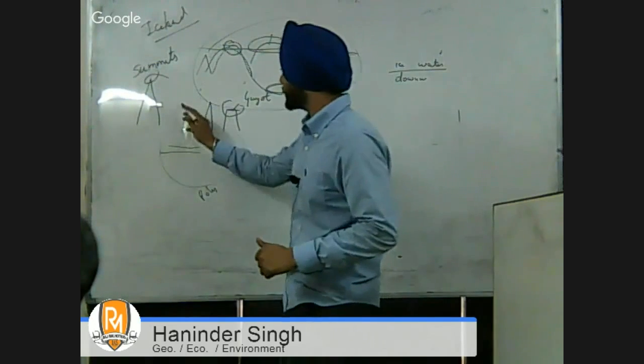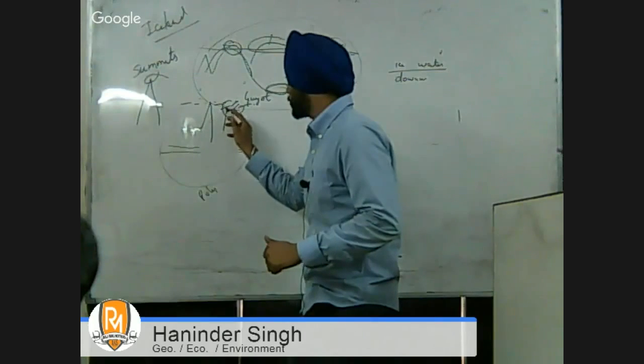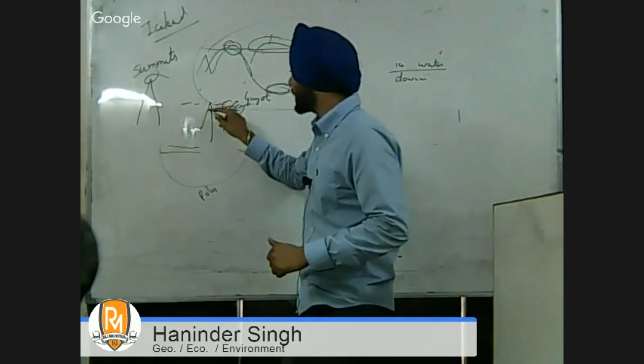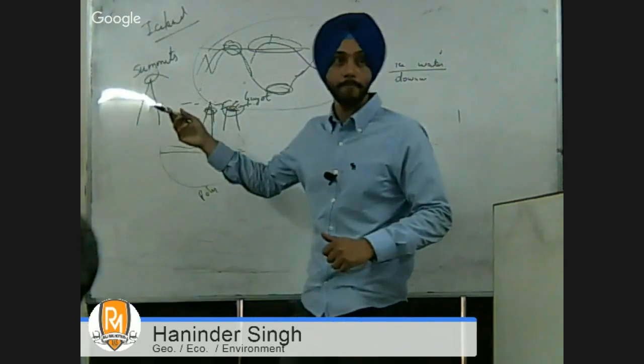So when they are near the surface of the ocean, the action of waves erodes some part of the summit, and when that part of the summit is eroded, flat-topped guyots are formed.